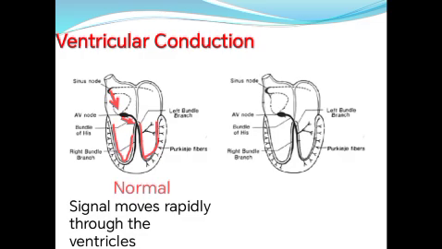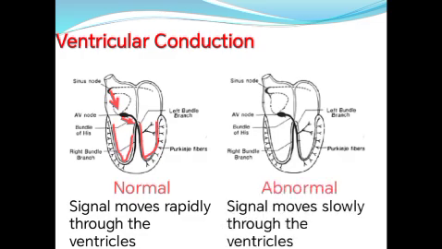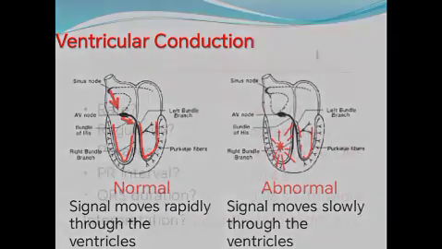So what is abnormal? Here, if the focus of the impulse, rather than the sinoatrial pacemaker, starts from the ventricle itself, the signal moves very slowly through the ventricle, for example from the right ventricle to the left ventricle.